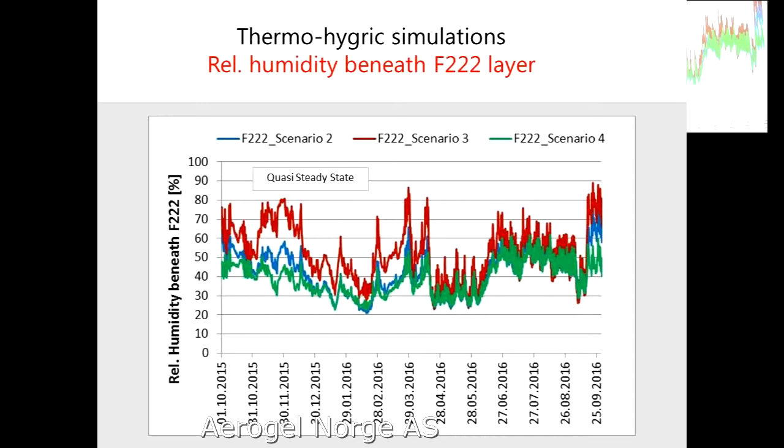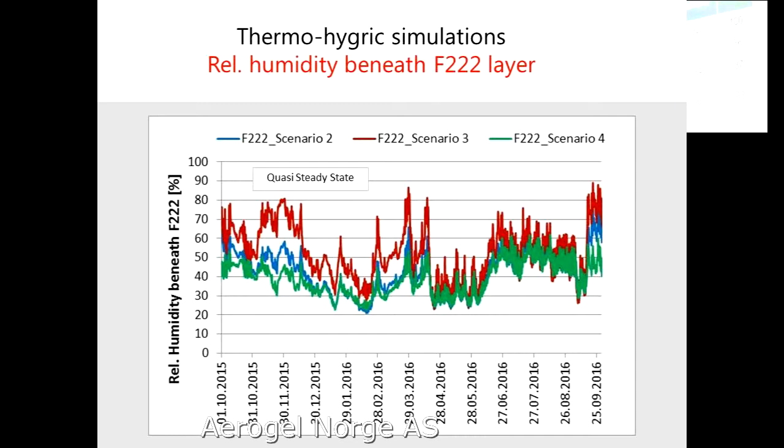And we see that 5 centimeters of external insulation is a good one, but it's better if you have a layer which is water repellent on the outer side. Water repellent doesn't mean watertight, just to be very correct on that.